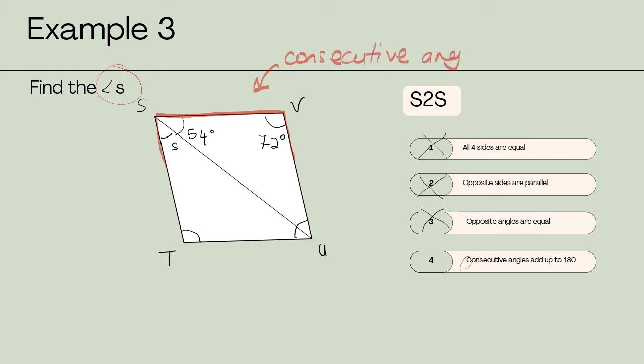So the last property is applied, meaning that when you add up angle S plus 54 plus 72, they are all equal to 180 degrees.